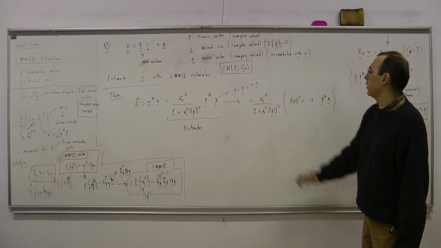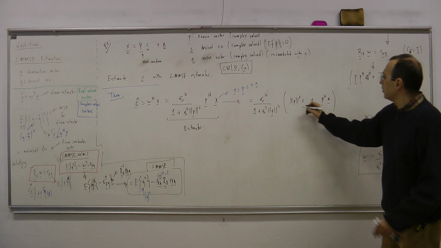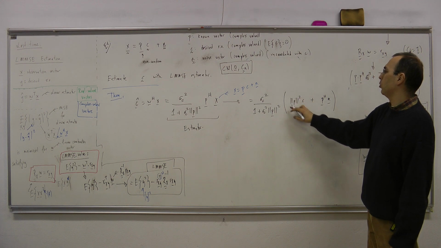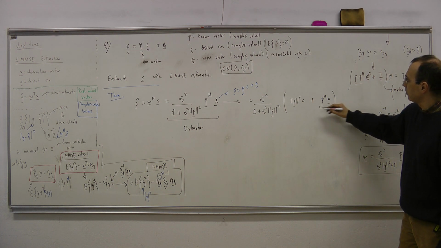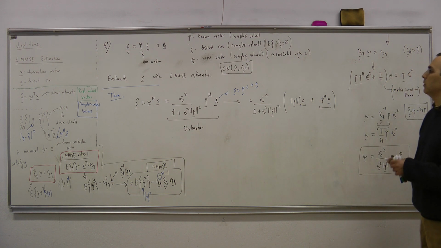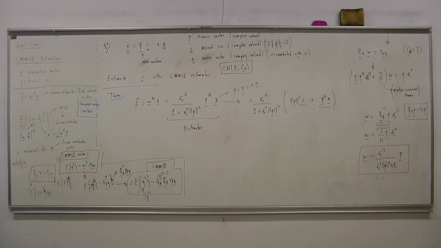It's just a number. Here's another number, I can calculate this one also. This is a random quantity, and this is of course another random quantity. I have two random quantities.